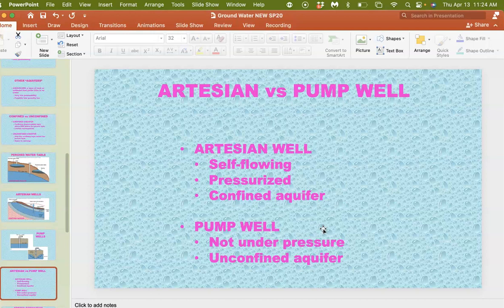It's pressurized because it has that capstone on it, that confining layer. In our example, we used shale. The pump well is just open to the world, for good and for bad. It's a lot easier to pollute it, but it's a lot easier to recharge it as well. And that's an unconfined aquifer because there's no capstone.